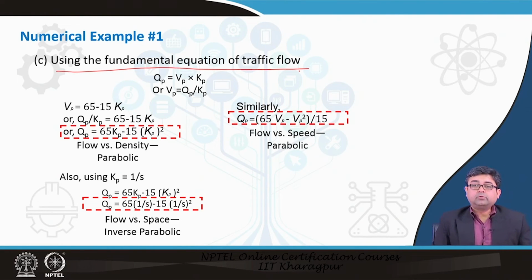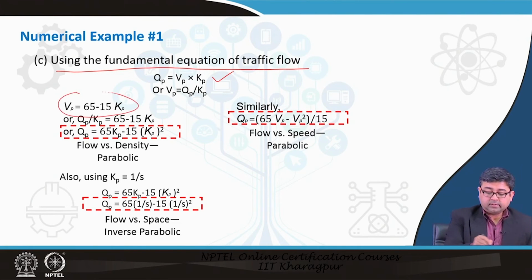And then we know how to estimate the other parameters of the macroscopic relationship, because we know the formula. If Vp is given, you convert Vp in terms of q and k, put q and k here, and you get the parabolic equation between q and k, flow and density, which is parabolic, as we already know.